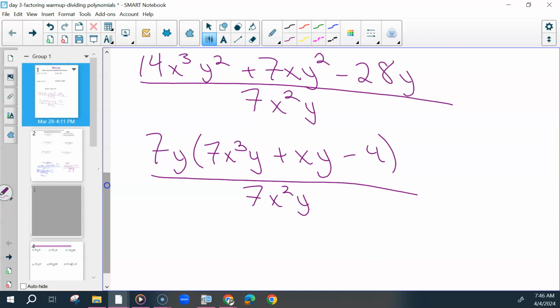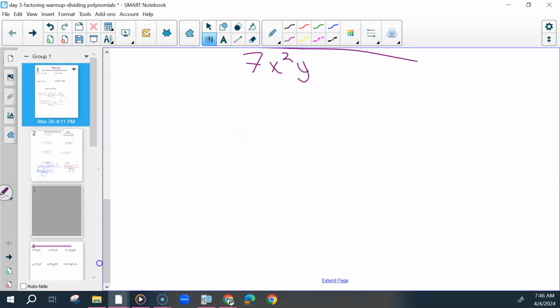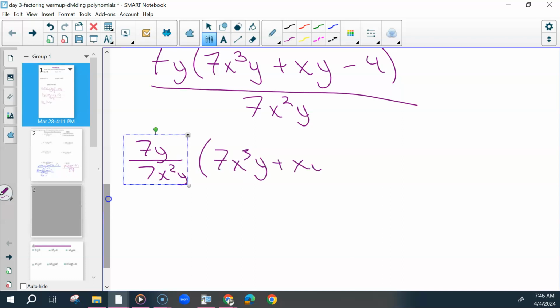This would be a good time, if you see something like this, to think, maybe I should separate it instead. You could still do the GCF, but I'm going to show you what happens. We're still going to divide those two and leave everything else in parentheses.